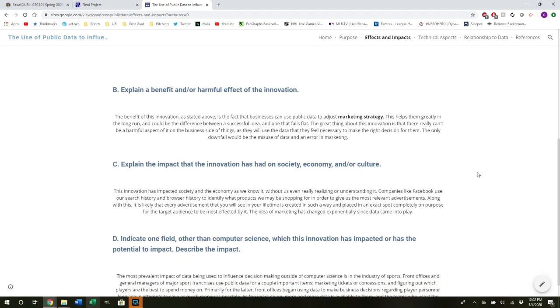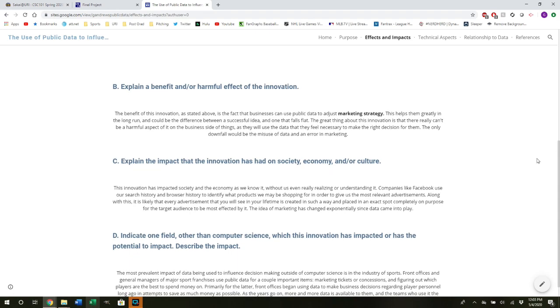Prompt C here is to explain the impact that the innovation has had on society, economy, and or culture. This innovation has impacted society greatly, whether we know it or not. It's becoming more mainstream now that companies are using our data and tracking our every move, including our search history, our browser history, our cookies, anything they can really get their hands on.